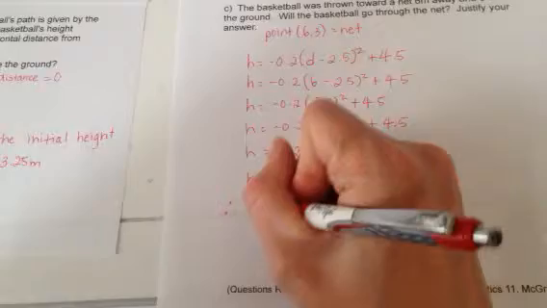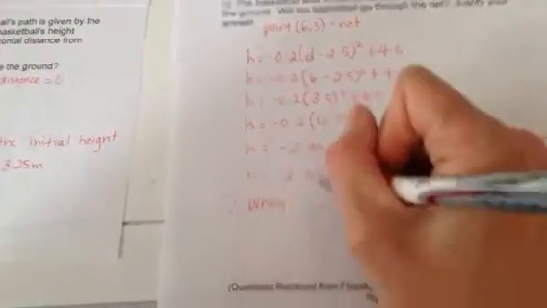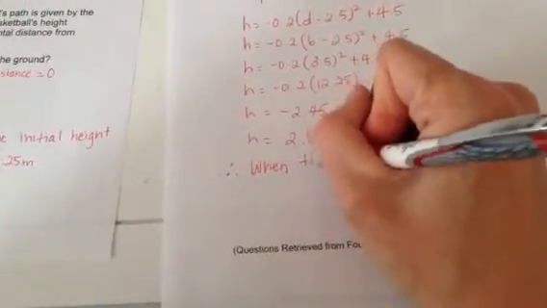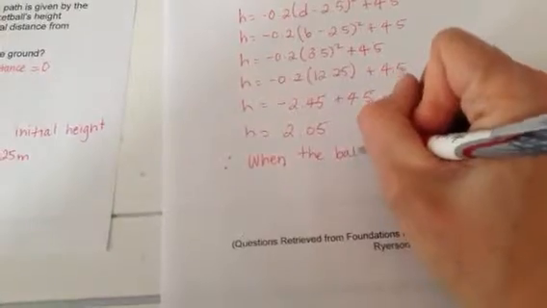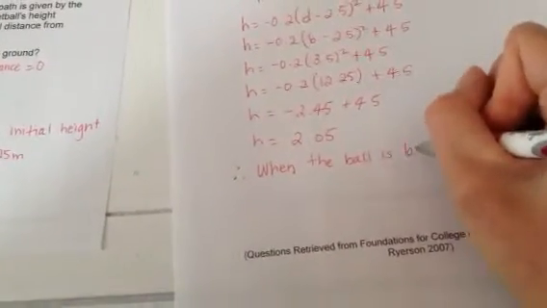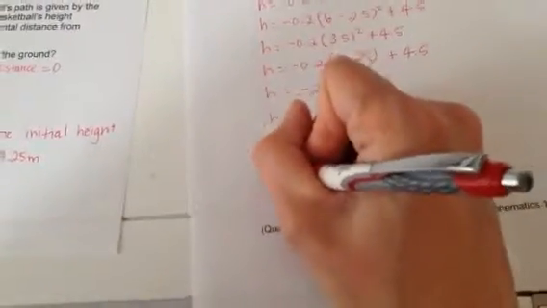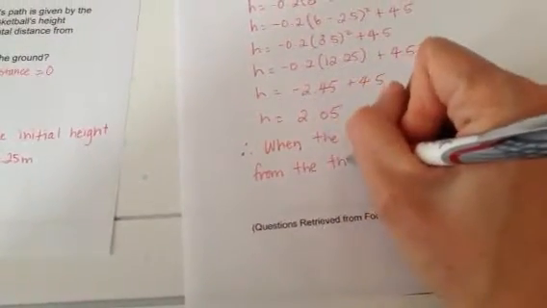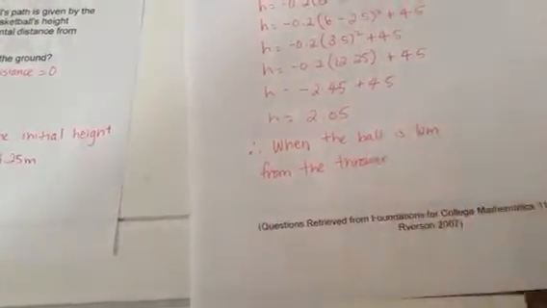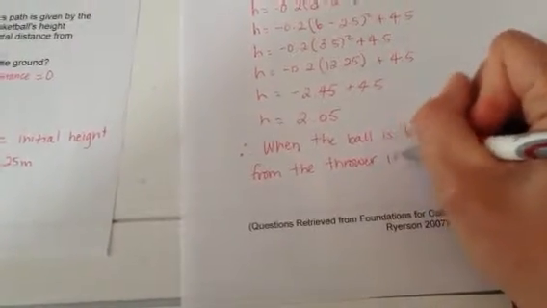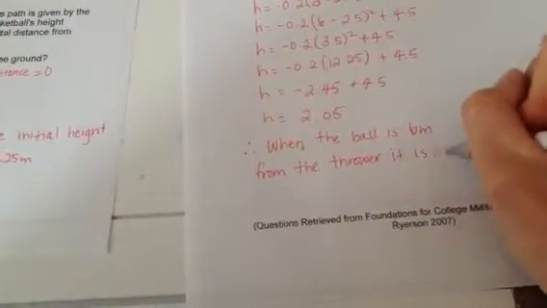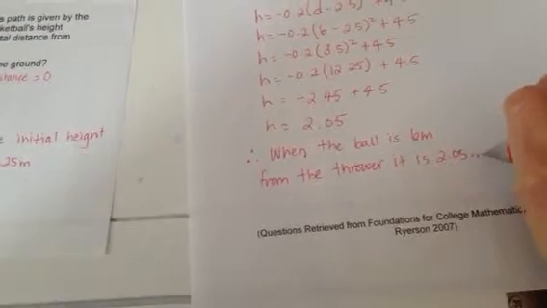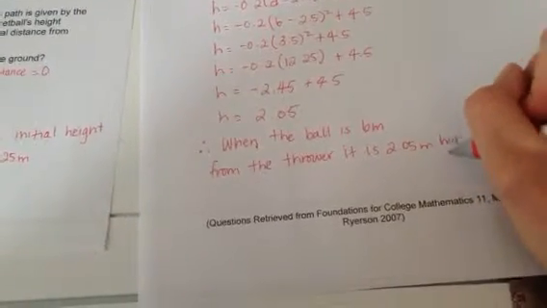So therefore, when the ball is 6 meters from the thrower, or the player, it is 2.05 meters high.